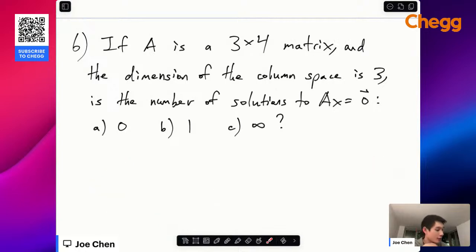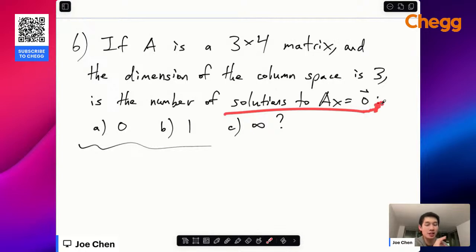All right. Very good. Richer Than Life on TikTok says C with the explanation that the null space has dimension 1. That is exactly right. So, okay, how do we think about this? If I were to see this on a test, the first connection to make is that the number of solutions to Ax equals 0 is related to the dimension of the null space.